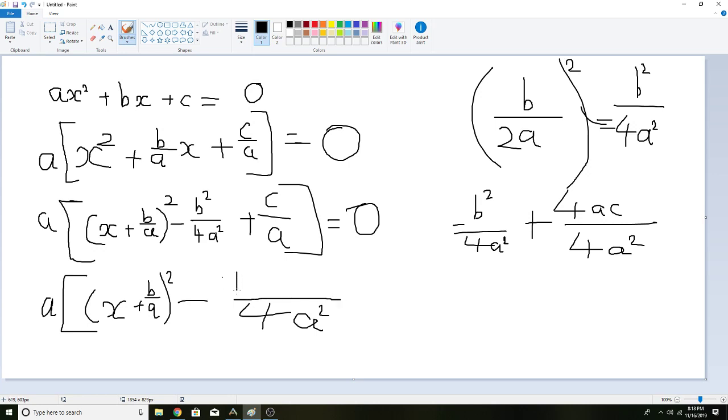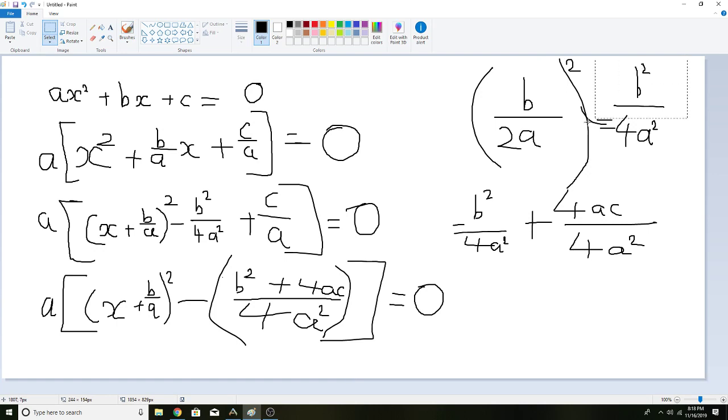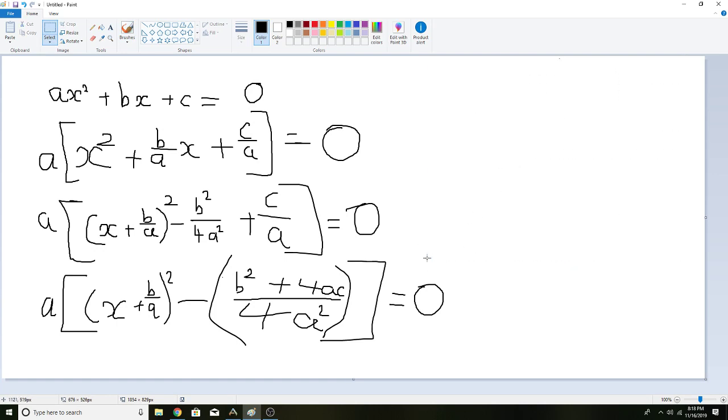Minus, because you're minusing this, it's a minus b squared over 4a squared plus 4ac. And then I'll put that in brackets so we know where this comes from. And then that equals 0. And then we'll do what I was supposed to do before, which is put it back together.